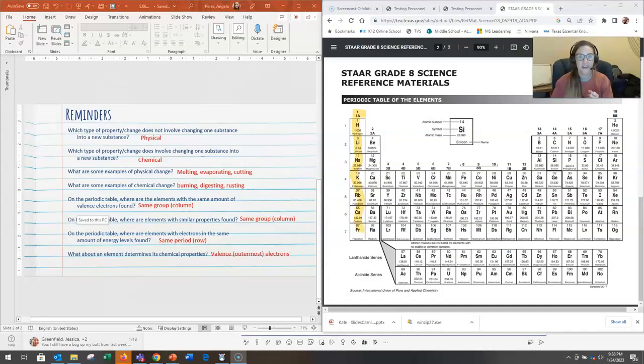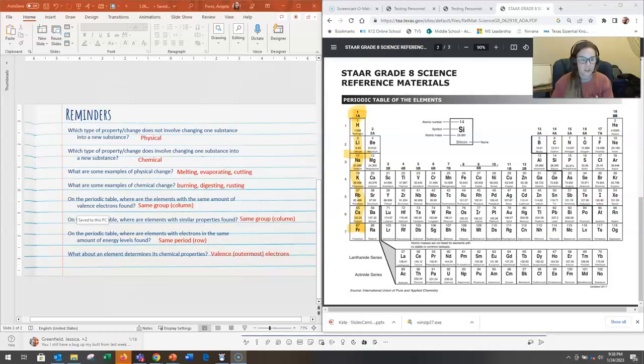Whoa, that's a curvy line. All of these have the same amount of valence electrons. They might have a different atomic number, like 87 and 11, so a different number of protons, but their electrons on the outermost shell, those valence electrons, are going to be the same. They're all going to have one valence electron.